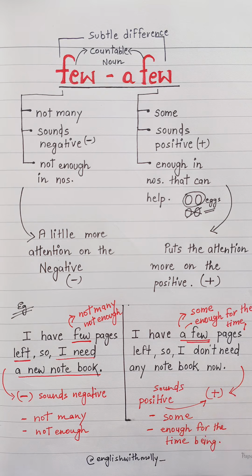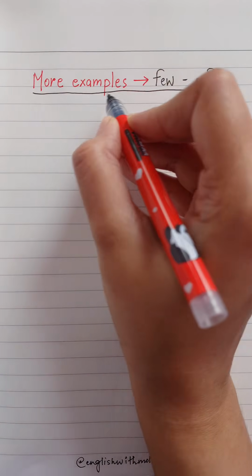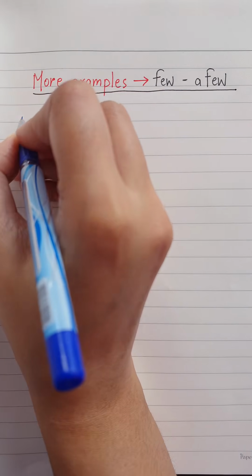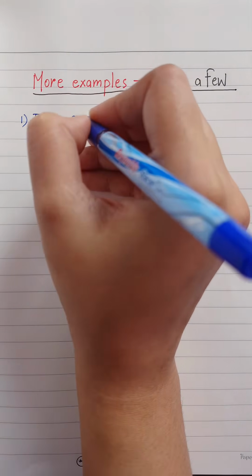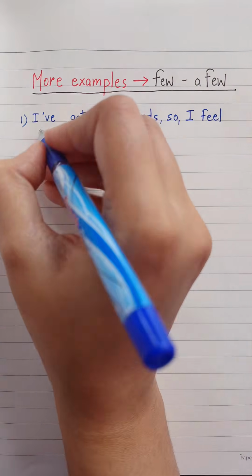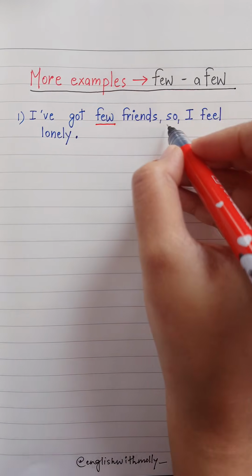Now, here I'm done with the definition and an example. Let me give you guys some more examples. Are you ready for some more examples? Few and a few. Example number 1. I've got few friends, so I feel lonely. Here we have few.